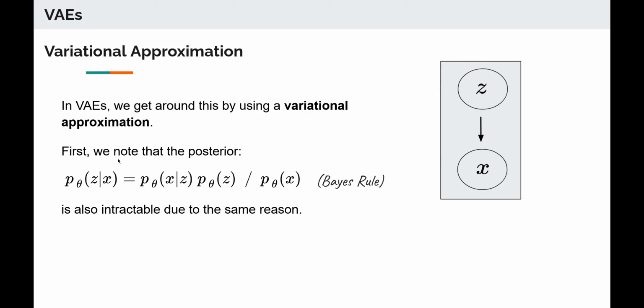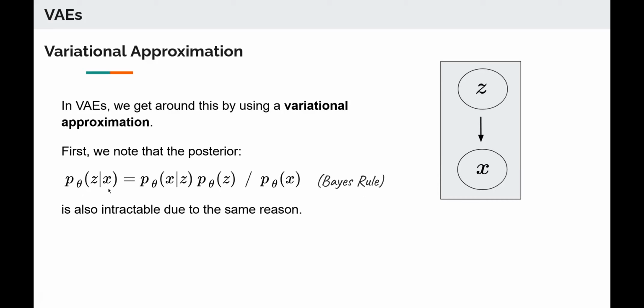So we start by looking at the posterior distribution. So the posterior distribution is P of Z given X. And we write this down with Bayes rule in terms of the likelihood term X given Z, the prior on the Z's, divided by P of X. So this is not the term of interest, but temporarily we are looking at this posterior.